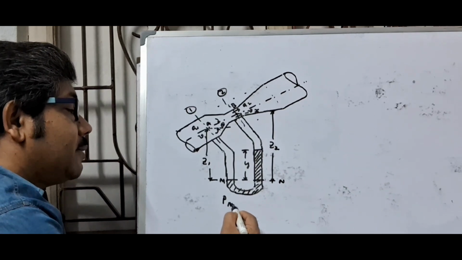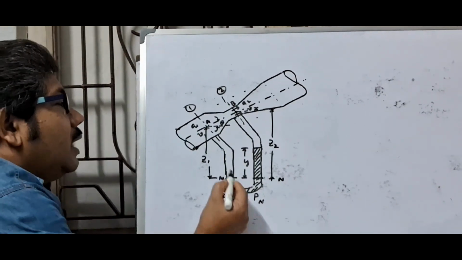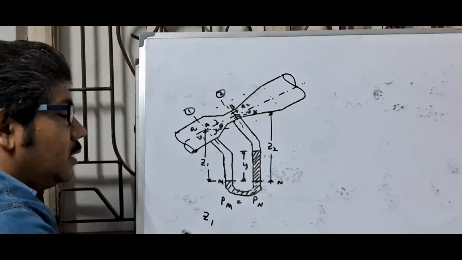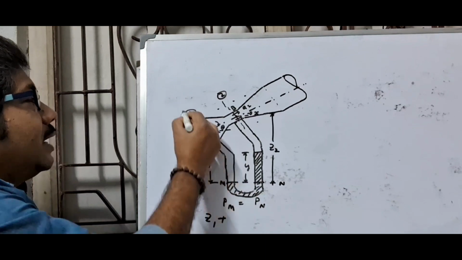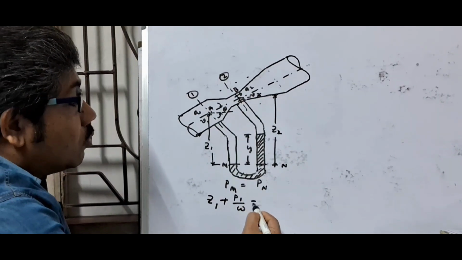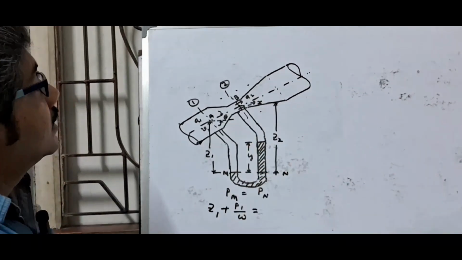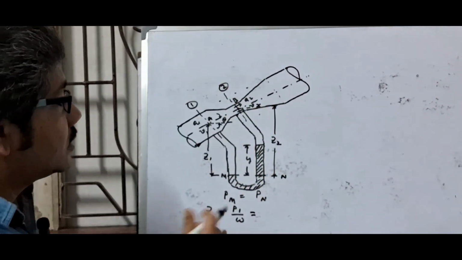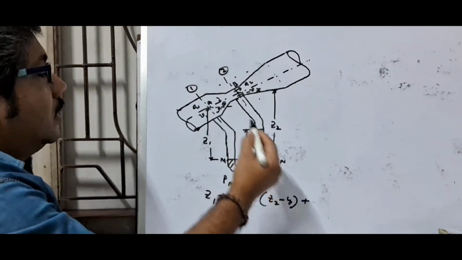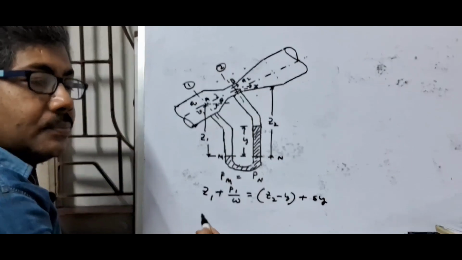That means pressure at point M is equal to pressure at point N. Now at 1 section, Z1 is potential head, plus pressure head P1 by omega, equal to at 2 section, that means at end point, potential head, this is Z2, this is Y, so this is Z2 minus Y, plus for Y deflection, here the pressure head, this is SY.